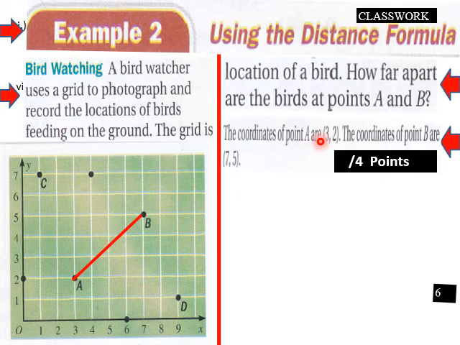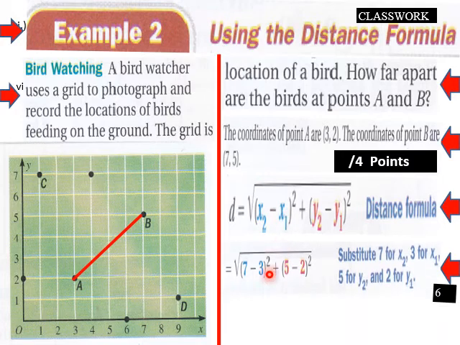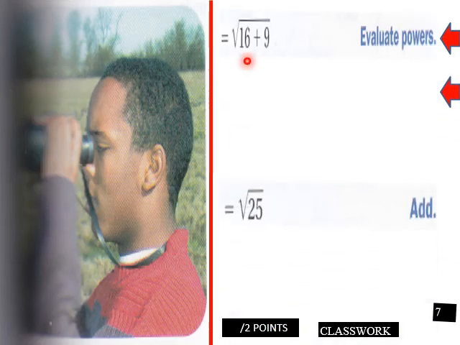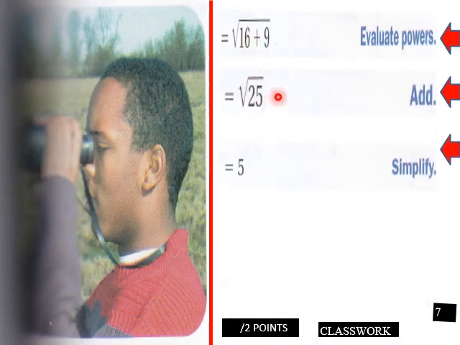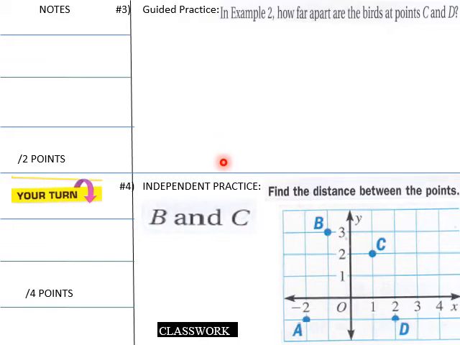We plug our values into our distance formula: 7 minus 3, then 5 minus 2, and we square those differences. 4 squared plus 3 squared is 16 plus 9, the square root of 25, which is 5. So the birds are 5 feet apart.